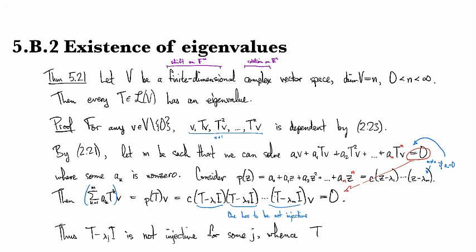And then that means that TV is going to be equal to lambda j V for that j. And we have an eigenvalue.